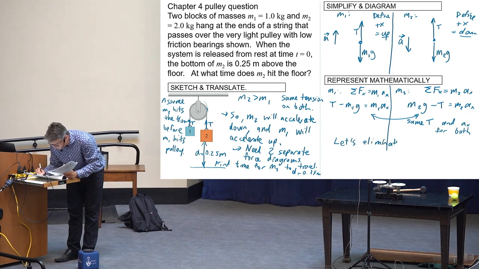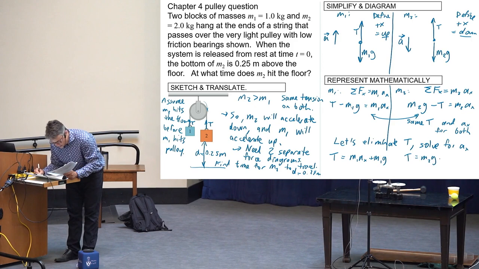So our strategy here is to eliminate T, the thing we don't care about, and solve for a. I can use this equation to get T is equal to m1 times a plus m1 times g. And from this equation I can solve to get T is equal to m2 times g minus m2 times a.